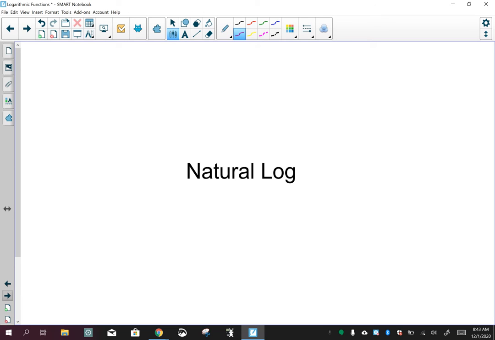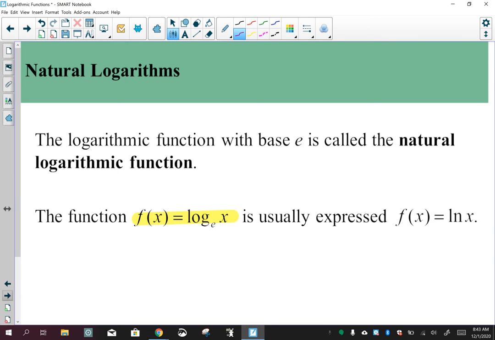Natural logs. For natural logs, your properties are going to be virtually the same as the other ones. The only difference is what it looks like. We've been writing log for logarithms this whole entire time, but when we have a natural log, we write it in the form of ln. It's the button right next to the number 4 key on your calculator.